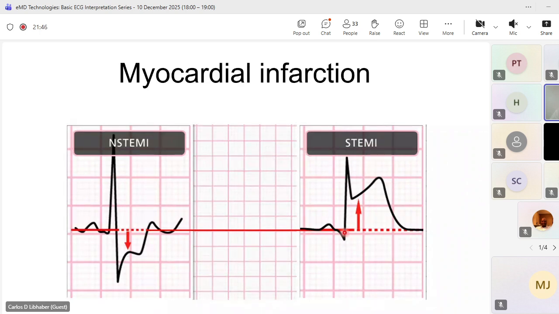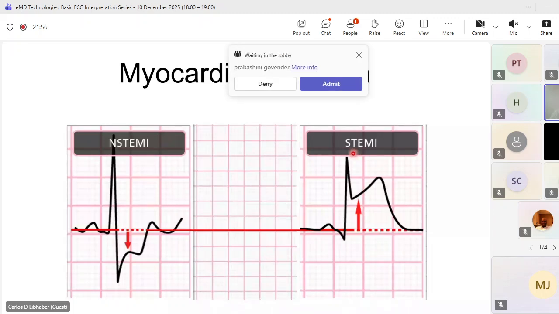The ST, that means the point where the S wave, or the last wave of the QRS, meets the T, the J point, is elevated and takes time to come back to the isoelectric line.